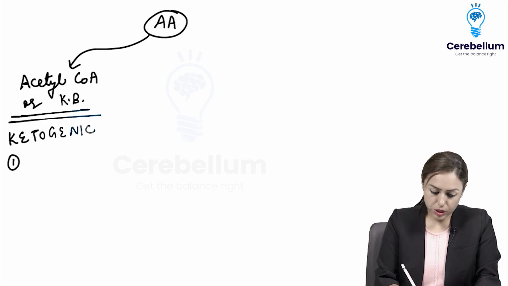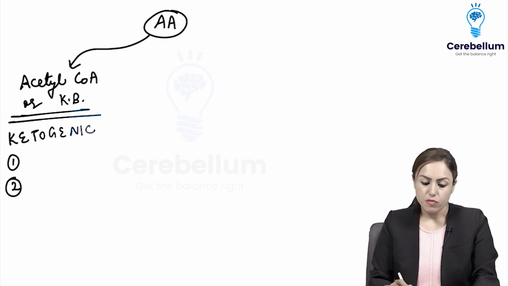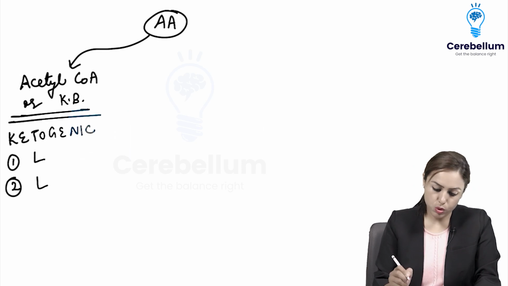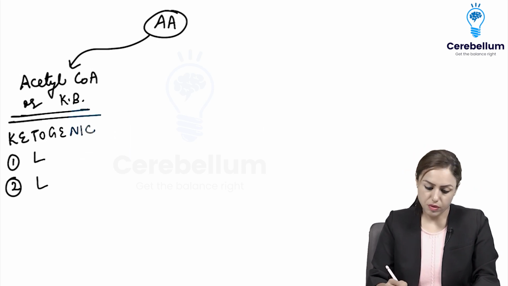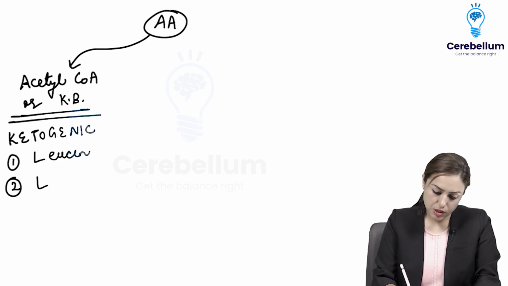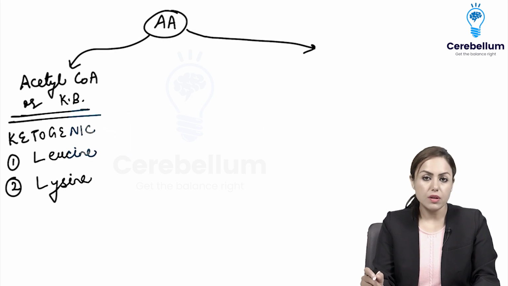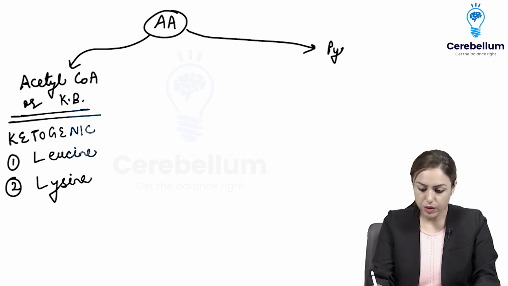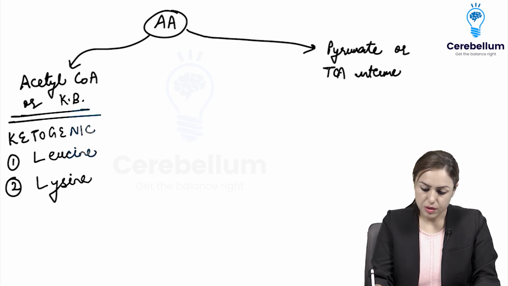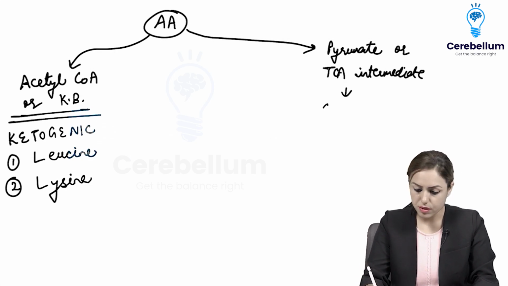We have only 2 ketogenic amino acids, very easy to learn because both start with L: one is leucine, the other is lysine. Then any amino acid which forms pyruvate or some TCA intermediate in the end, that amino acid is considered glucogenic.